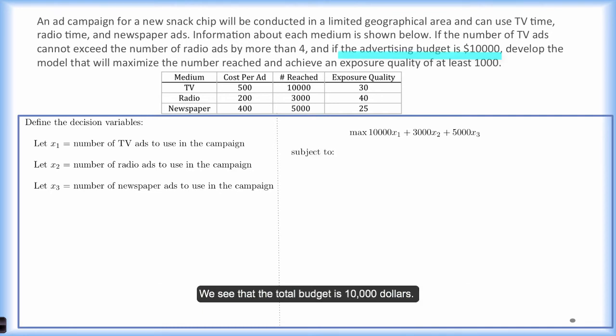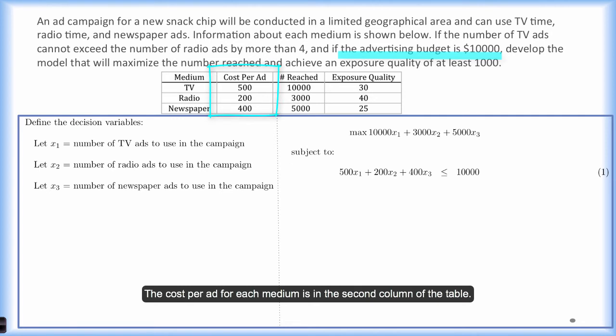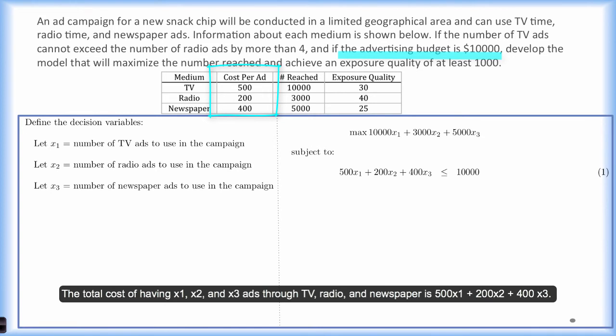We see that the total budget is $10,000. The cost per ad for each medium is in the second column of the table. The total cost of having x1, x2, and x3 ads through TV, radio, and newspaper is 500 x1 plus 200 x2 plus 400 x3.